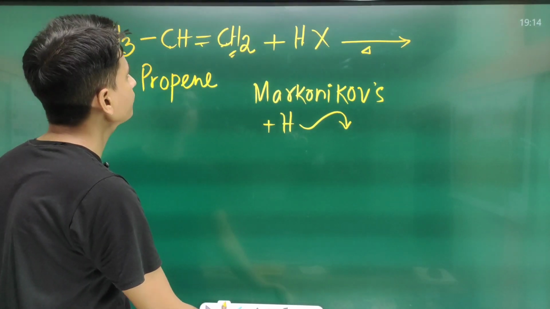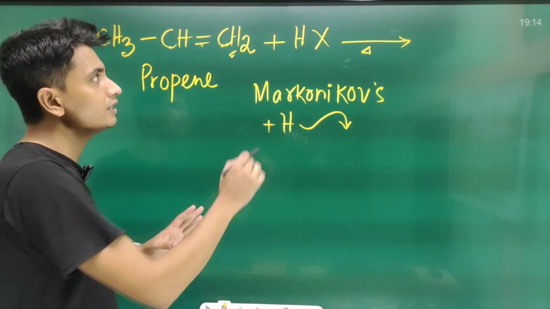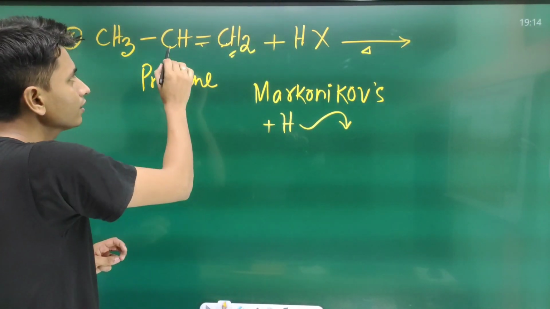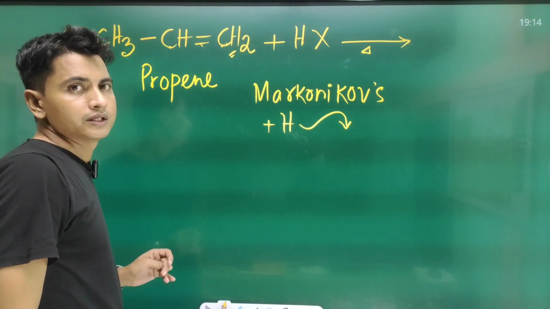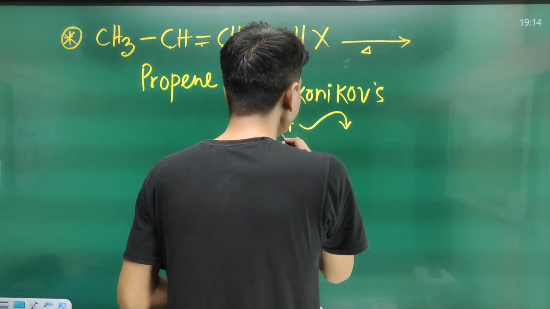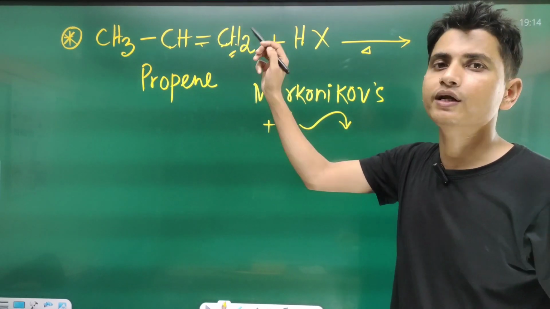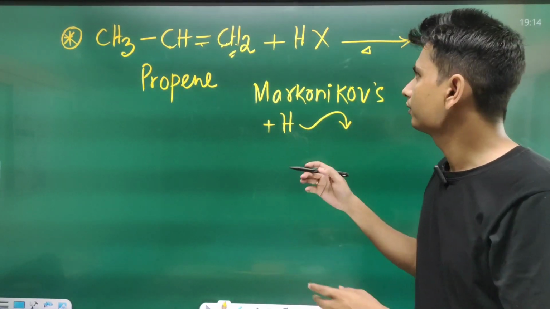So in this way we have to add hydrogen, and the halogen is attached to the other carbon atom. So hydrogen is added to that carbon atom where the number of hydrogen atoms is more.